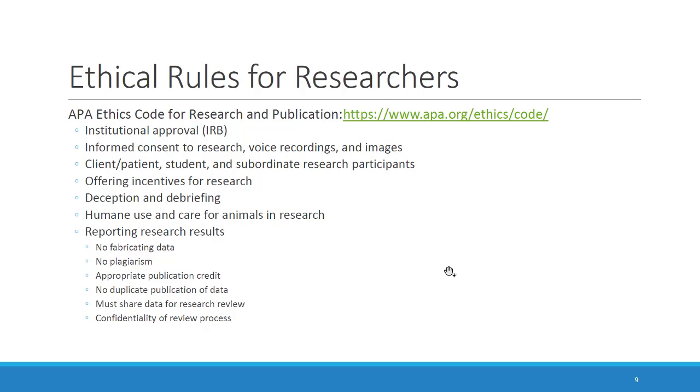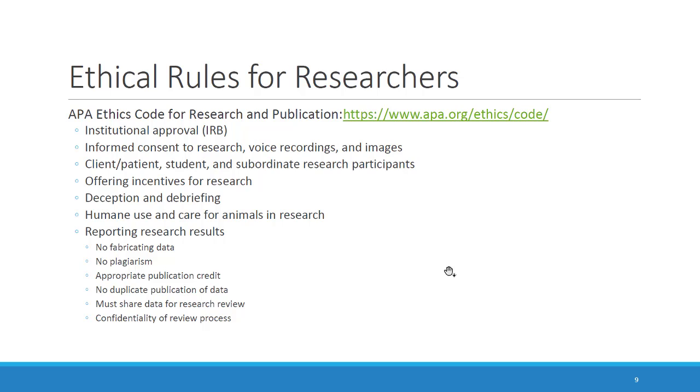Okay, so let's talk about some ethical rules for researchers as specified by the APA Ethics Code. This came in 2002, much after the 1978 Belmont Report, and it has been revised a few times since then. You can find the full list of the Ethics Code at the website that's listed at the top of the slide.